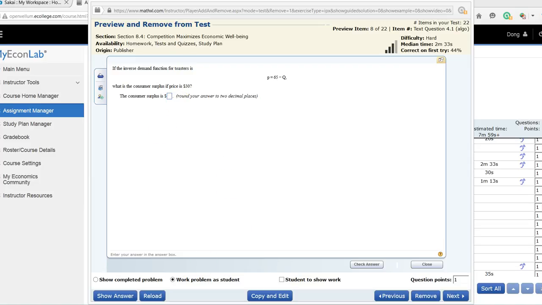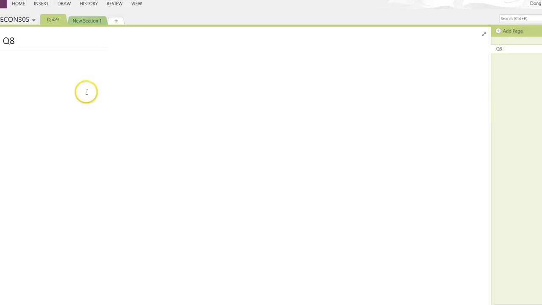I find this kind of question is very helpful to draw a chart. So let me do it here. The vertical axis is the price, and the horizontal axis is the quantity.